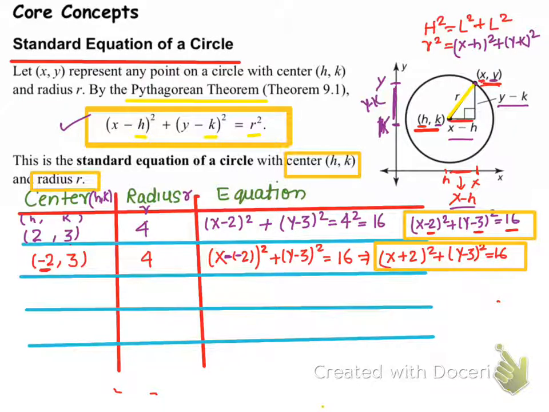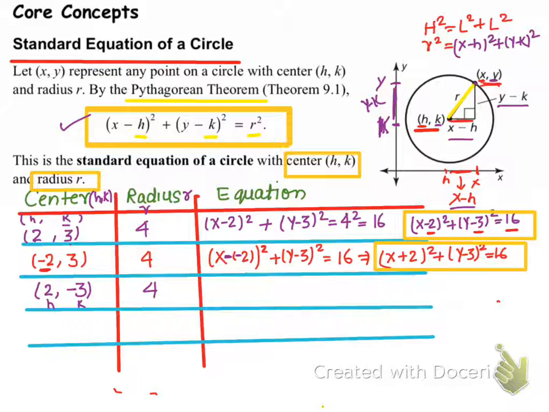Same way, let's change the value of the other variable here. Suppose this is 2 and I'm making this negative 3, and the radius is 4. Now my k is negative here, this is my k, and this is my h.